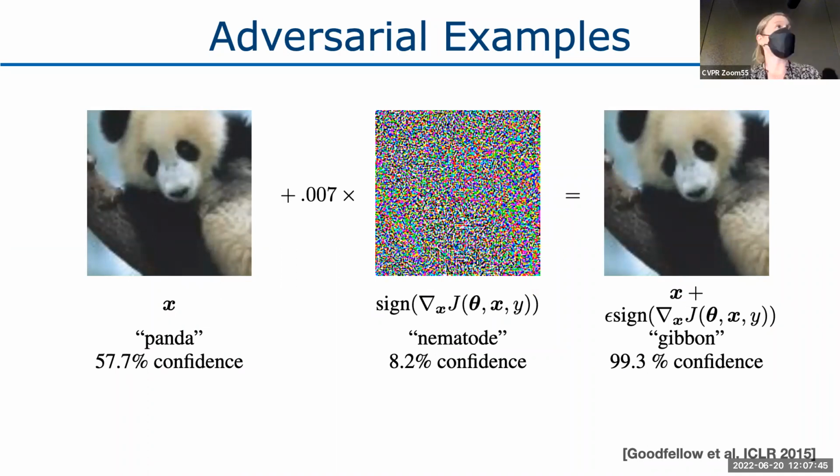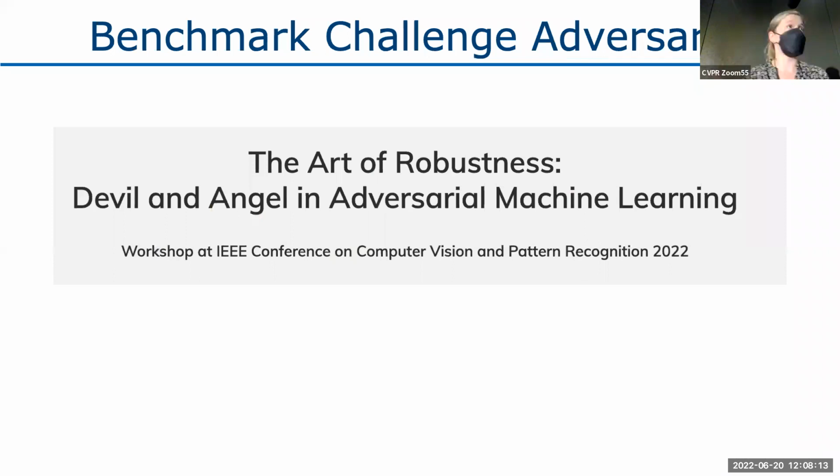So classically, the hallmark of adversarial examples is that small, seemingly noise-like images, very low magnitude, are added in such a way that once you've added them to the original image, they aren't going to change the perception of the image to a person, but those noise images are selected exactly to modify the predictive output of a model. There's been lots of study into this work, including at this conference. There was a workshop just yesterday that was looking at this problem as adversarial robustness and robustness more generally.